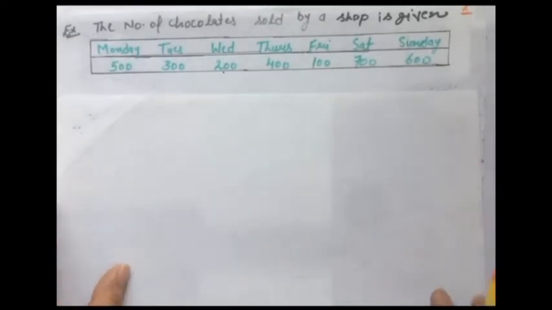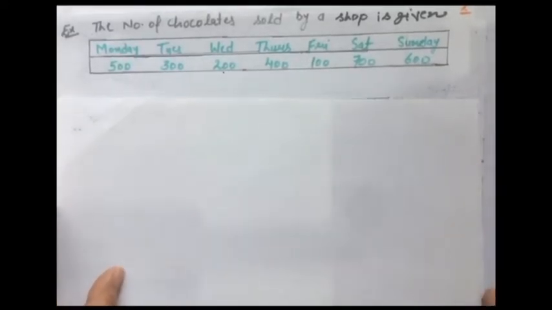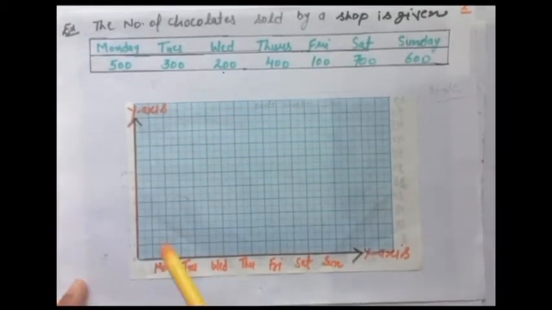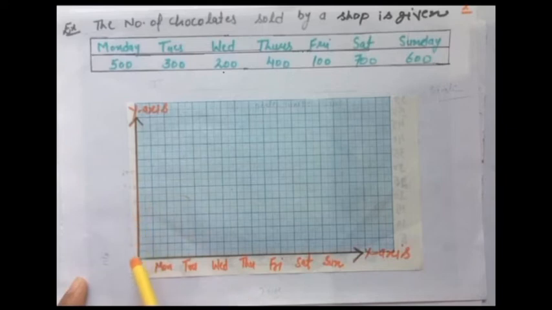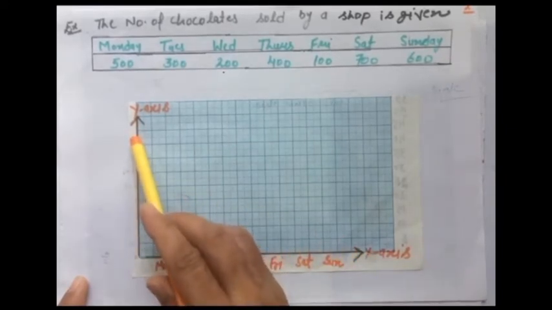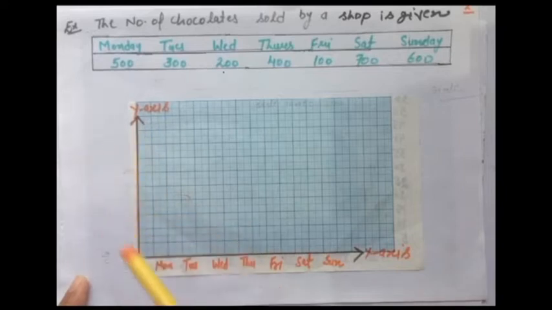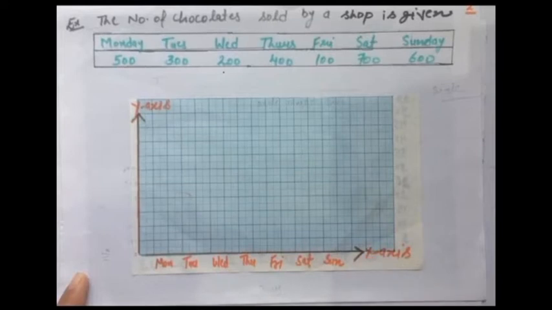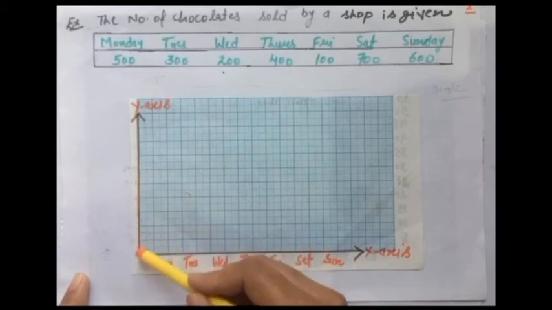So our first step is to draw y-axis and x-axis. Draw y-axis and then x-axis. This vertical axis is called y-axis and this horizontal axis is called x-axis. Then in second step, we have to choose an appropriate interval on y-axis.